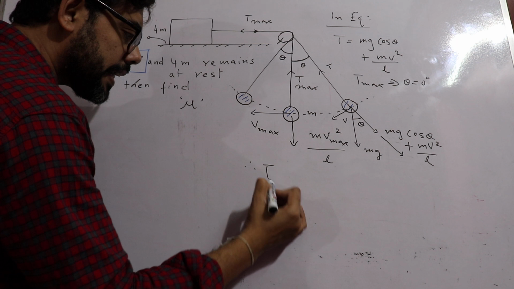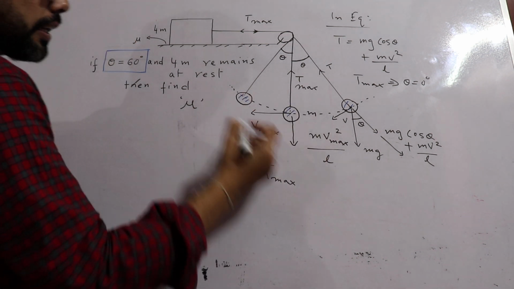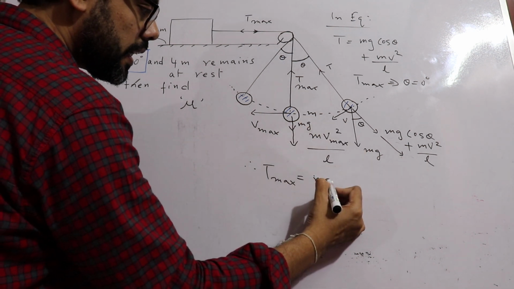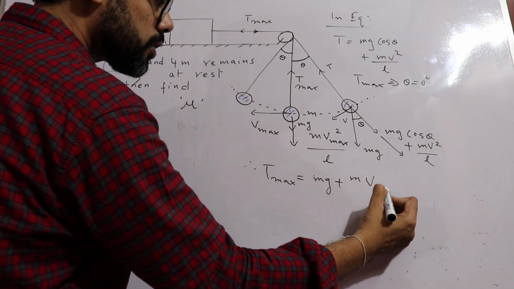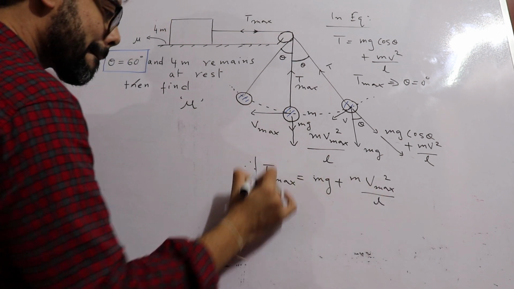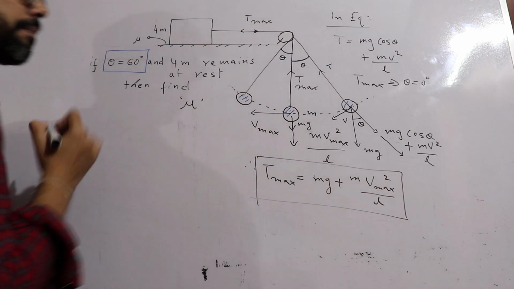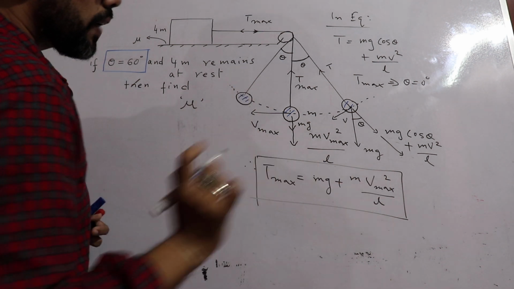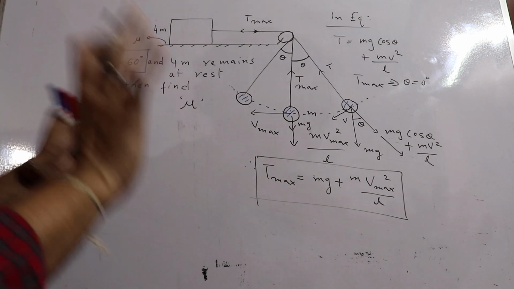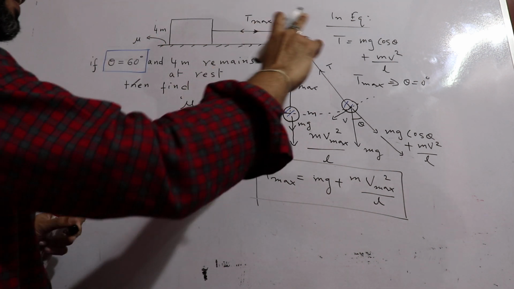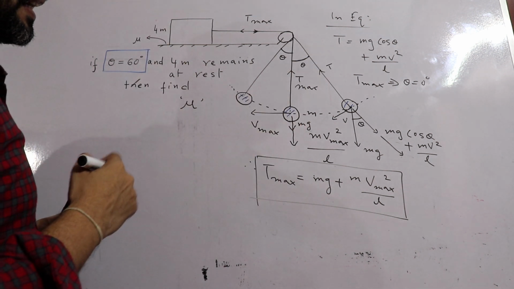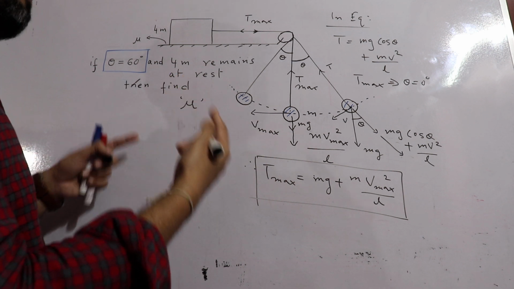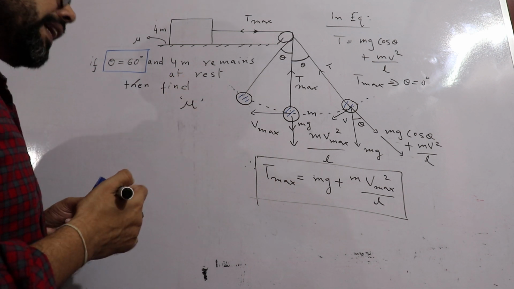Therefore T max during this whole oscillation is mg plus m Vmax square by L. This is the core idea of maximum tension. Whenever a simple pendulum swings, it experiences maximum tension at the mean position.